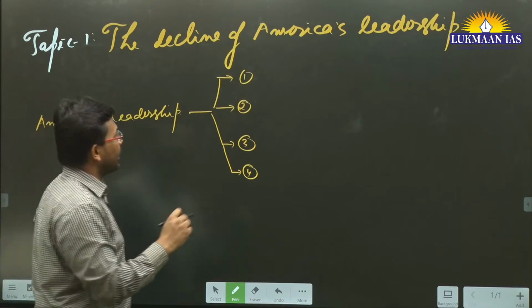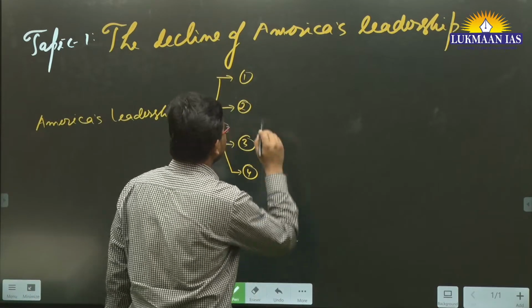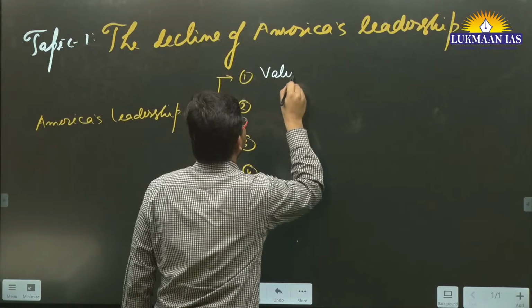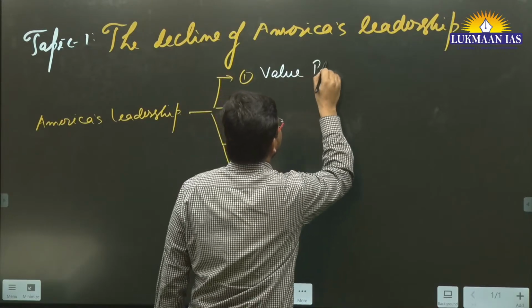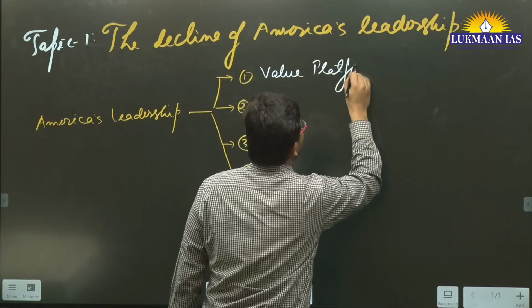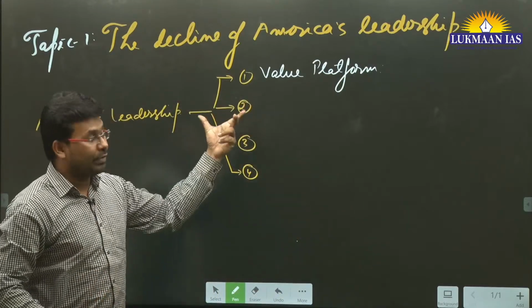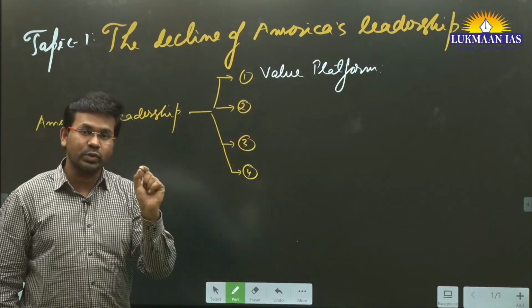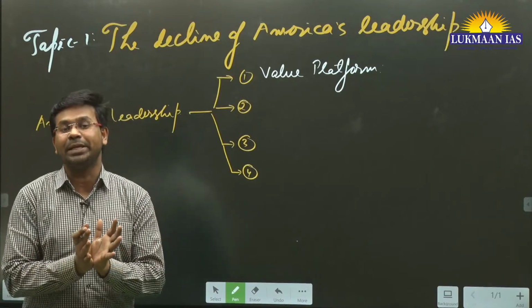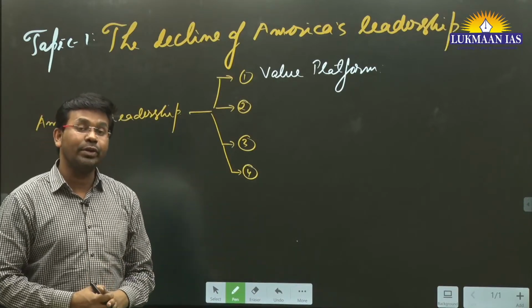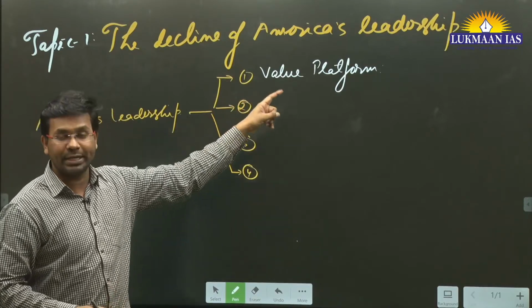Let's start with the value platform. In this article they have mentioned the value platform, so we will understand what we mean by it. When we talk about the United States of America, its society is deeply rooted in the value of a democratic structure. It is a democratic country.